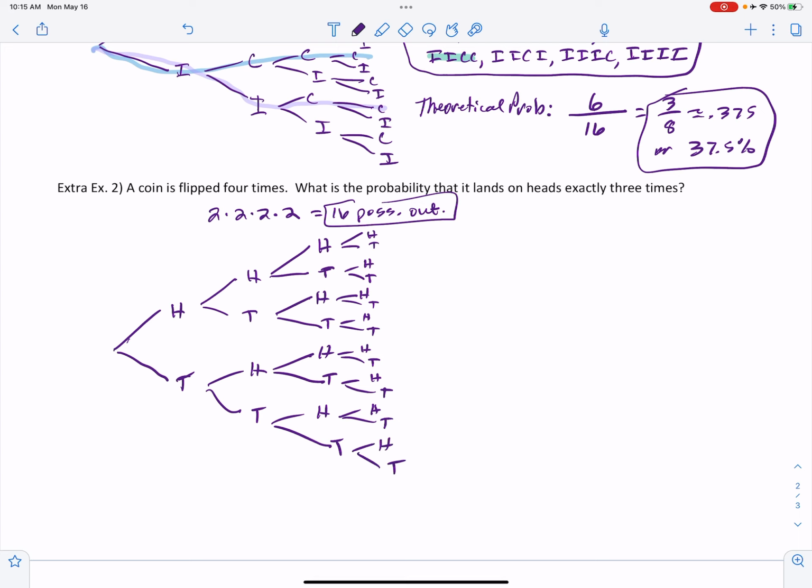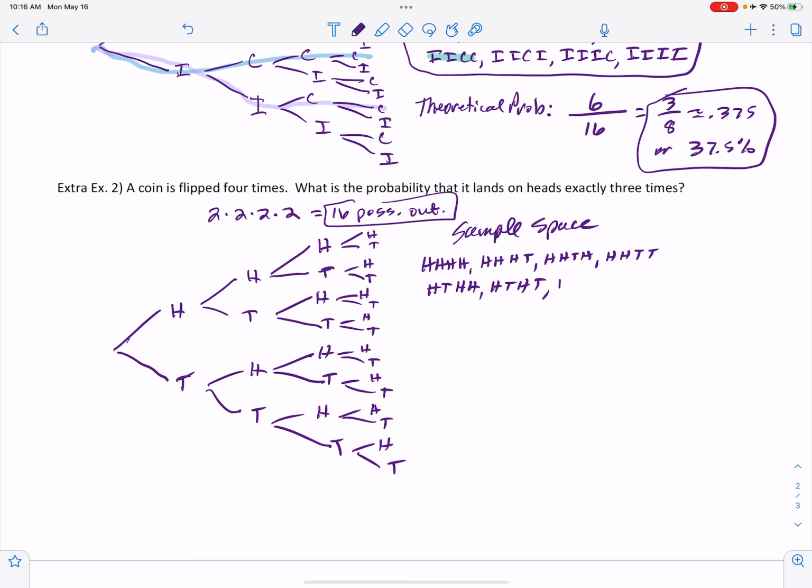again, you need an organized system for writing out your sample space. And I think tree diagrams help with that a lot. So similar to the previous example, you just get at it, get it done. It's not quite as bad.